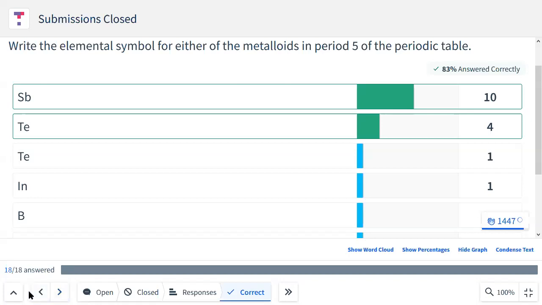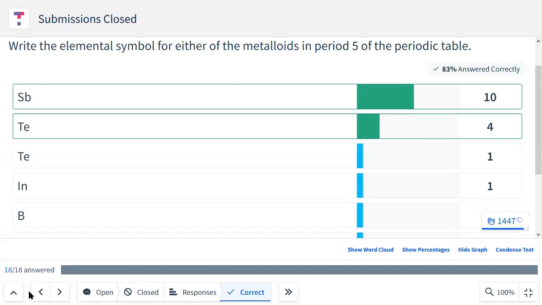Second reminder is that our next proficiency, the ions proficiency, is this coming Friday. So we'll do that at the very beginning of class. Make sure that you're prepared for that when you walk in the door. Third thing is the periodic table mystery activity that we did at the end of class.